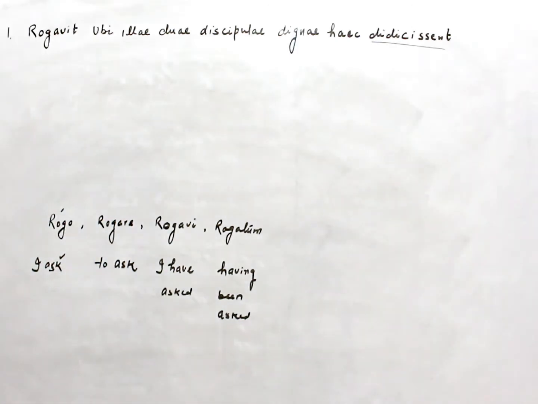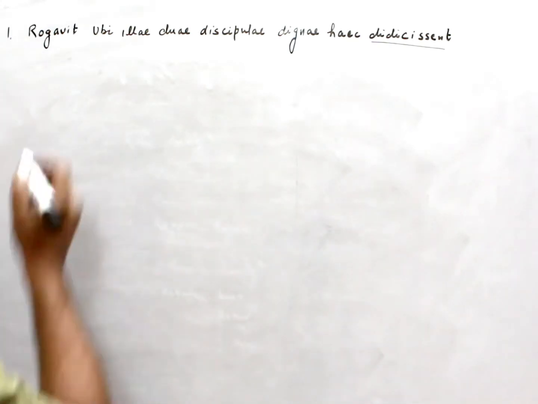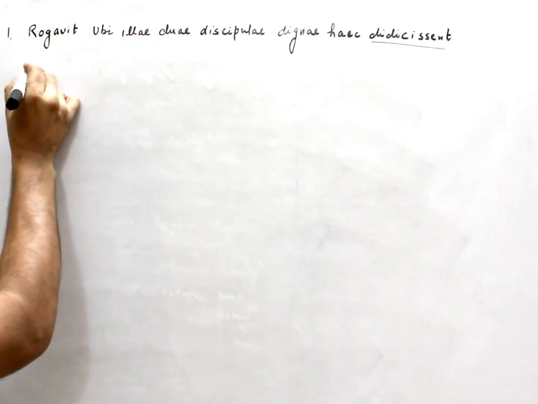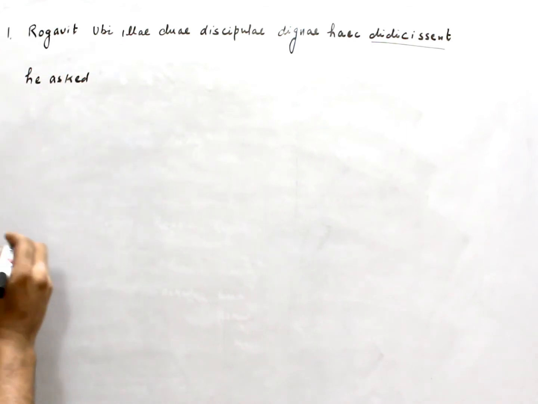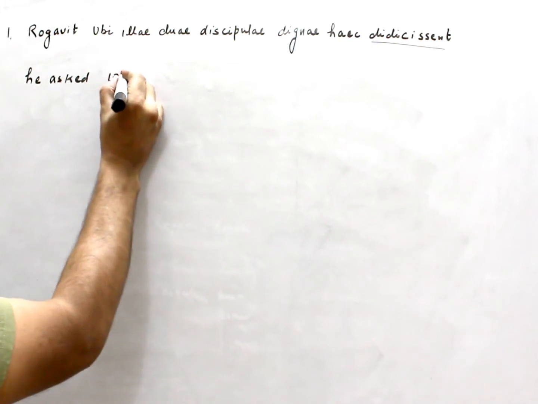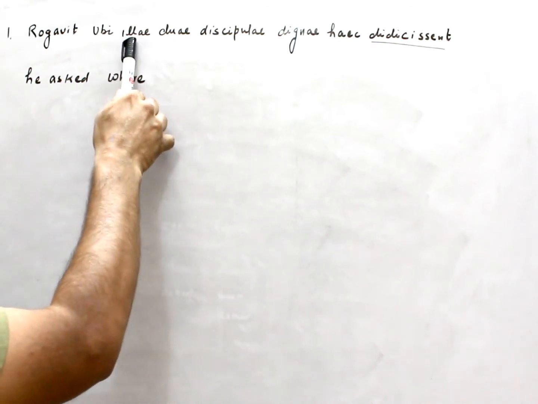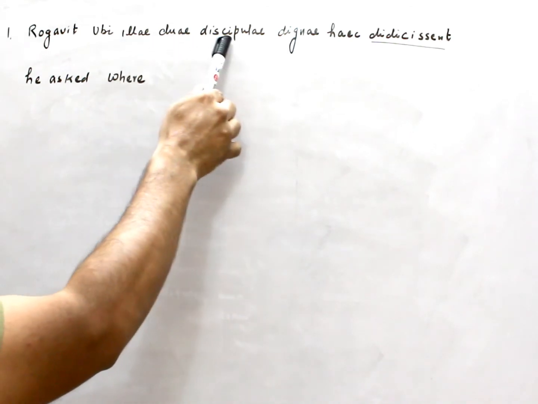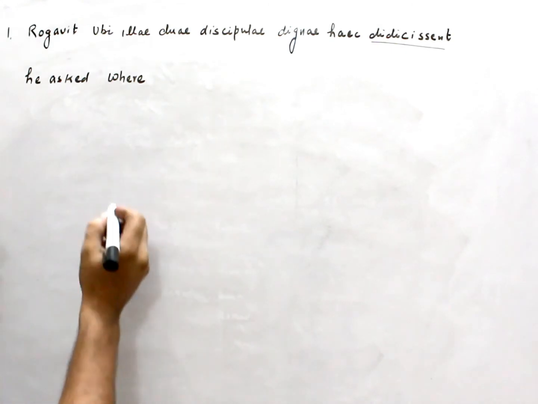So now this is pluperfect subjunctive. So this means first we see he asked, where, ubi is where. Illae means those two students, and this is worthy, dignity, dignified.